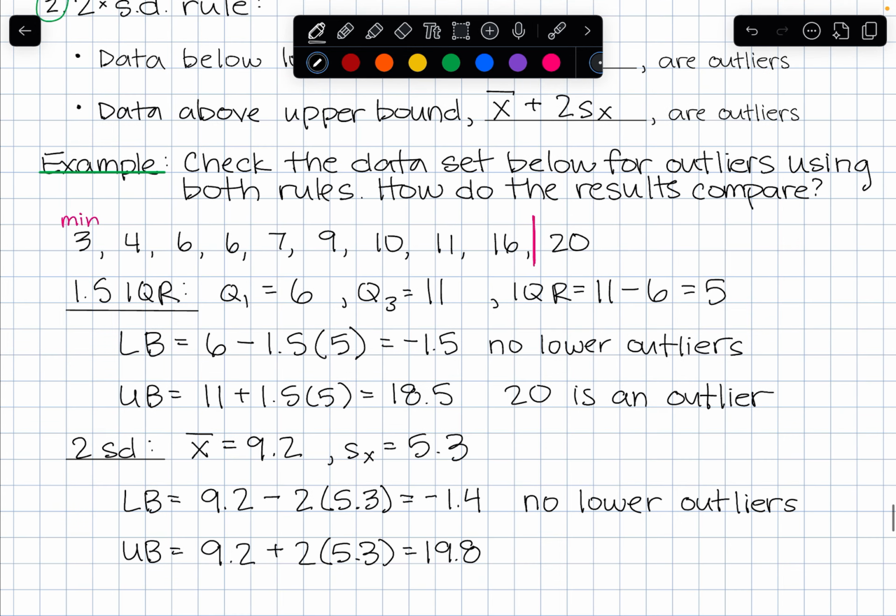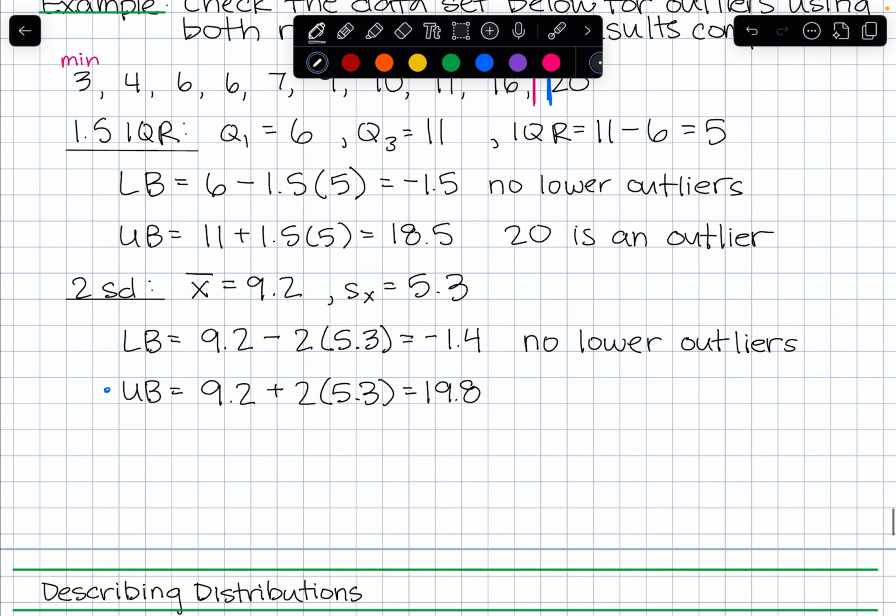Going back up to my list of data, marking this upper bound in blue, 19.8 is a lot closer to 20 than 18.5 is, but it's still less than 20. 20 is over that line. So this rule also identifies 20 as an outlier.